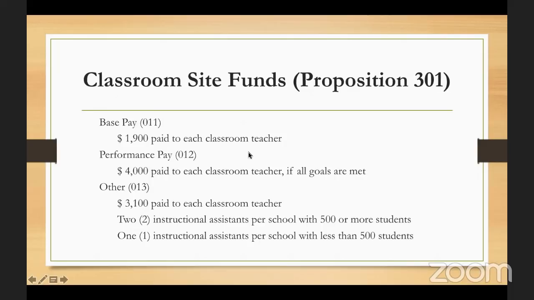The other fund, Fund 13, $3,100, is paid to each teacher. Again, it's paid out with each pay. A school with 500 or more students receives 2 instructional assistants to help with interventions with math or reading. And then a school with less than 500 students receives 1 instructional assistant. Next slide, please.